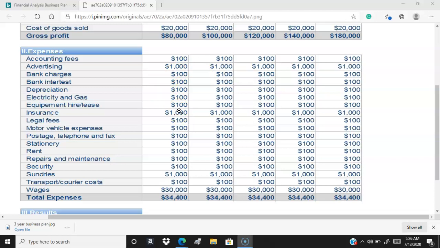Interest is $100. Depreciation, again, depreciable assets. You got a desk or a sewing machine, things like that. Those are depreciable assets. Also, I didn't mention in other videos, your vehicle is a depreciable asset.